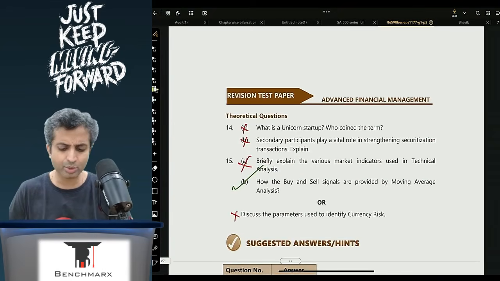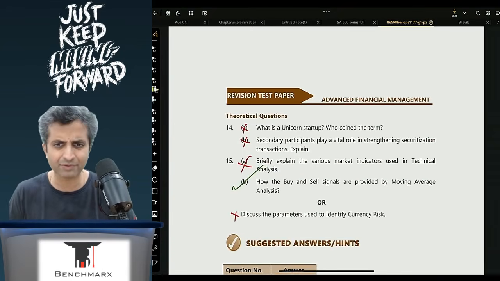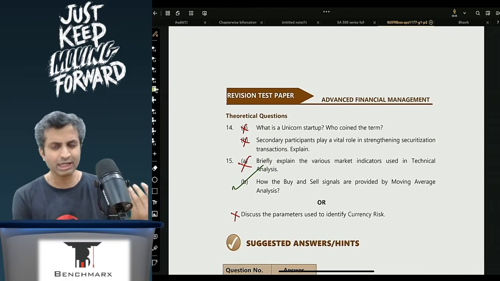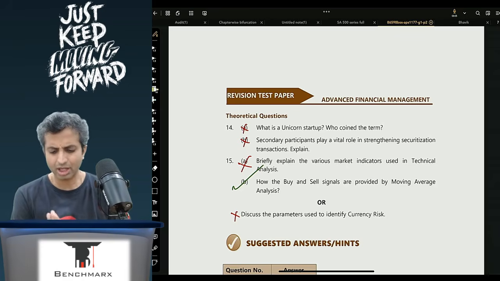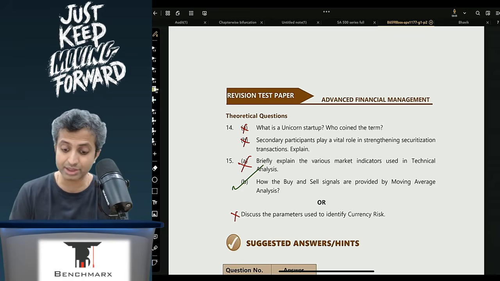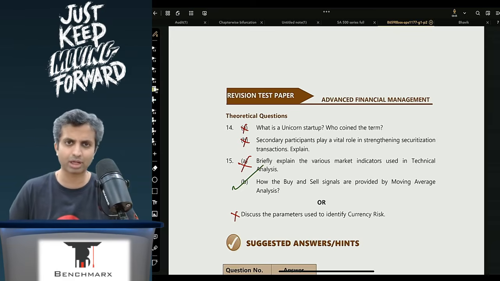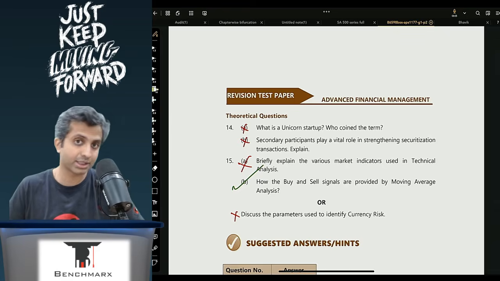Now the theory questions 14 and 15, within that the first theory question is on unicorn, which is there earlier. Then you have secondary participants in the securitization market, your primary, secondary theory questions are done.